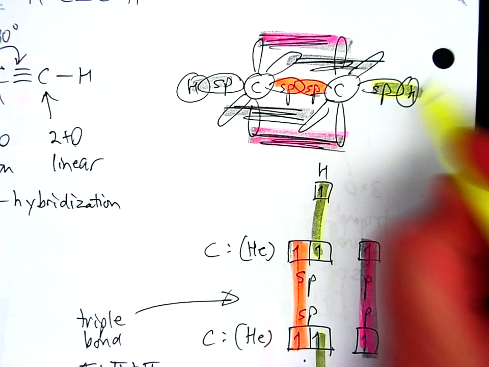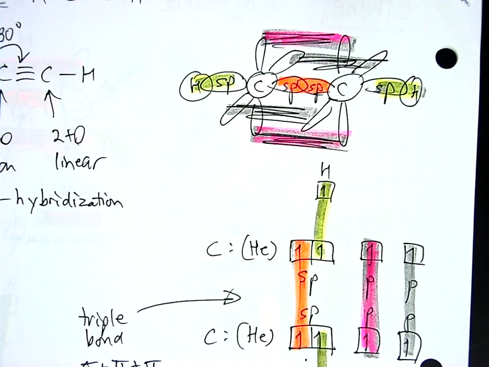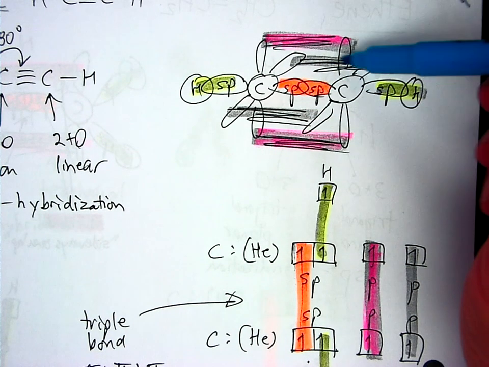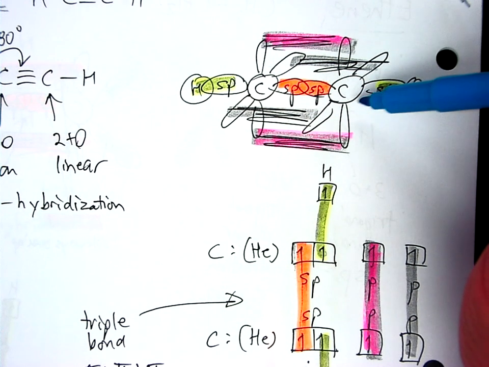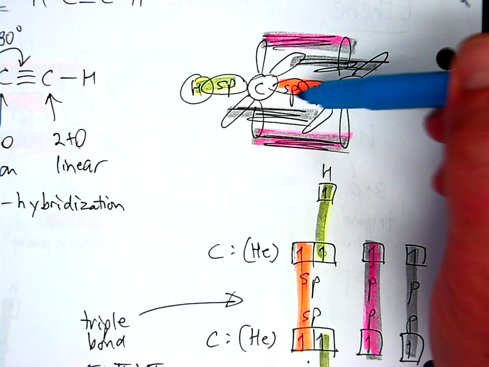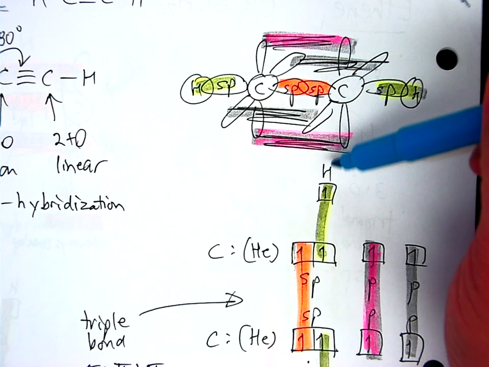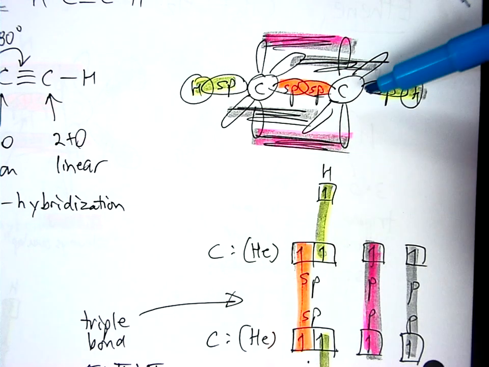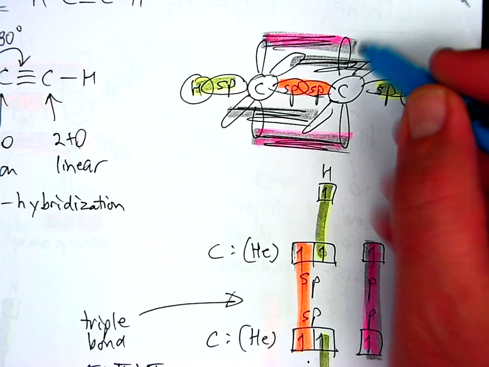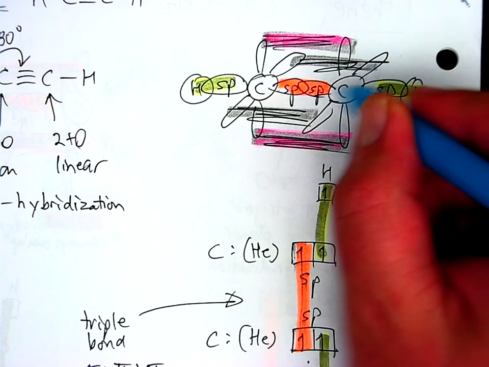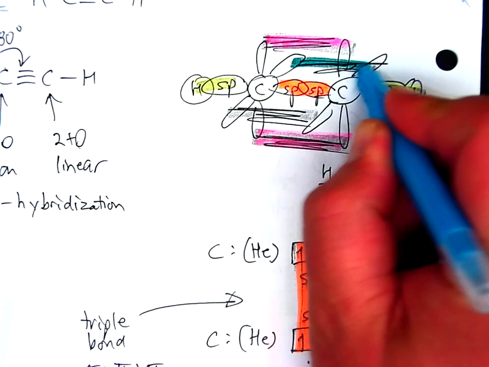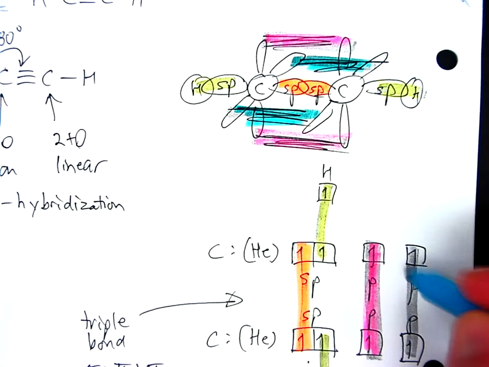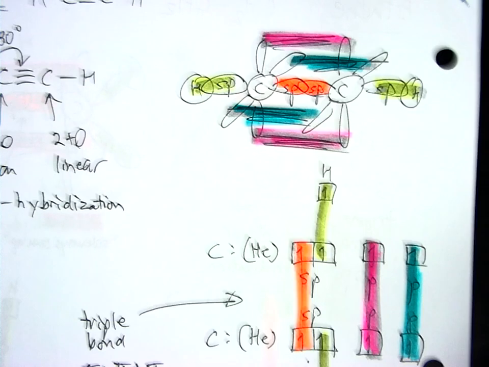Just complete this here, just a touch. And then a second pi bond achieved. Remember, p orbitals want to be at 90 degrees to each other, so the sp hybrids are along one line. This will be vertically up and down. This will also be at 90 degrees to it, so in and out of the page. And we'll have some overlap between those two lobes, and that's represented here as another pi bond.